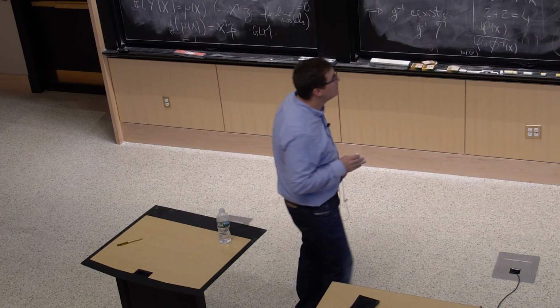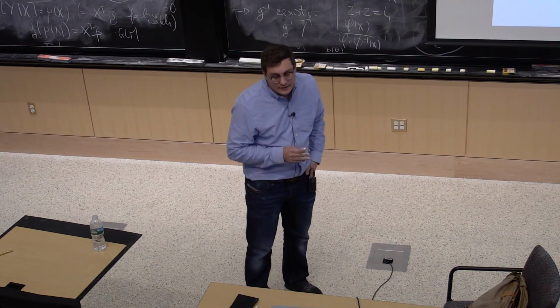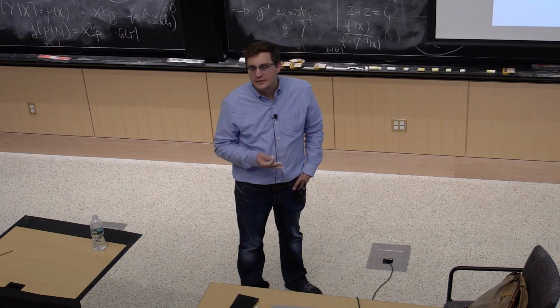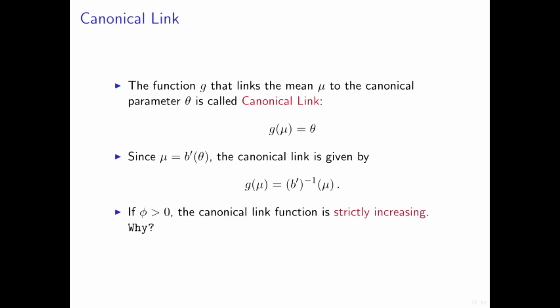For each canonical family, there is something called the canonical link. And when you don't have any other reason to choose anything else, why not choose the canonical one? The canonical link says that what I want is g to map mu onto the real line. But mu is not the parameter of my canonical family.